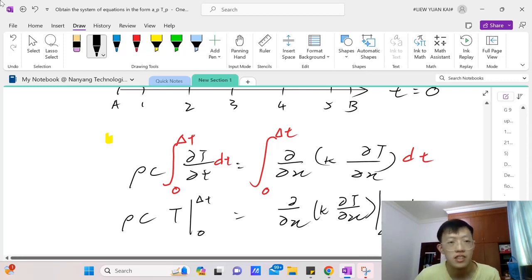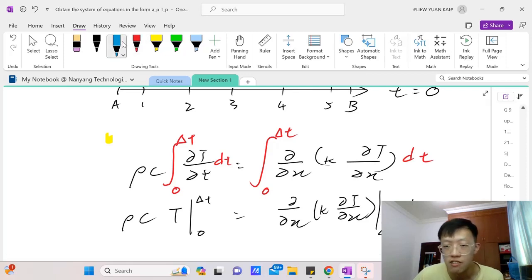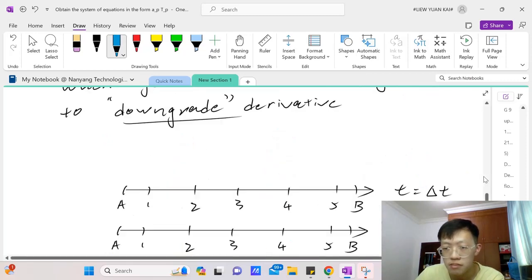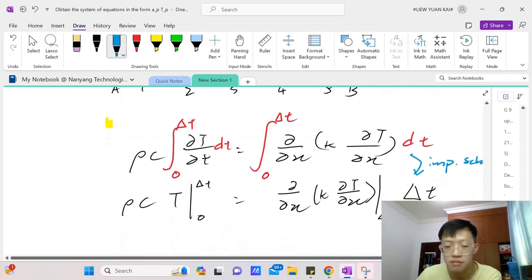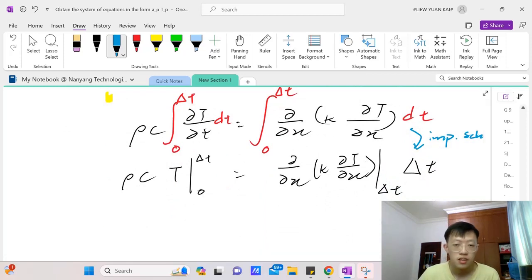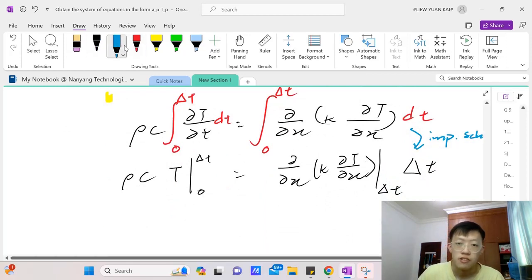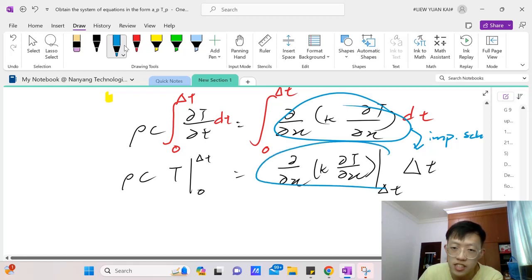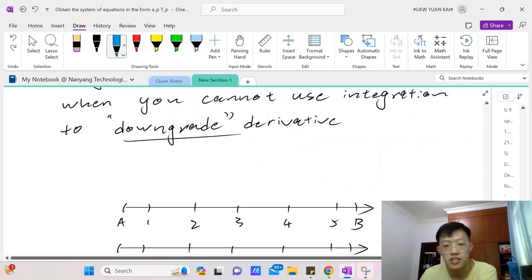That's how you use the implicit scheme. Let me write down here as an annotation to help you understand when you go through your tutorials: this is the implicit scheme. So we change this integral into this term via the implicit scheme.